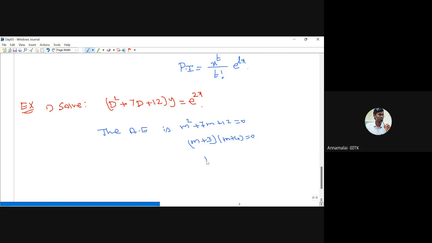Therefore the roots are minus 3 and minus 4. Since the roots are real and distinct, the complementary function is c1 times e power minus 3x plus c2 times e power minus 4x.